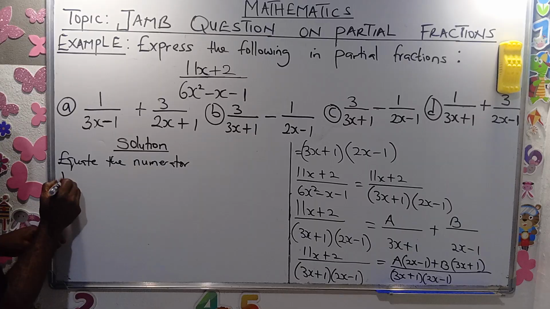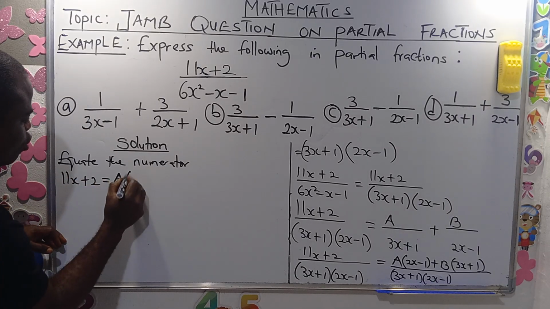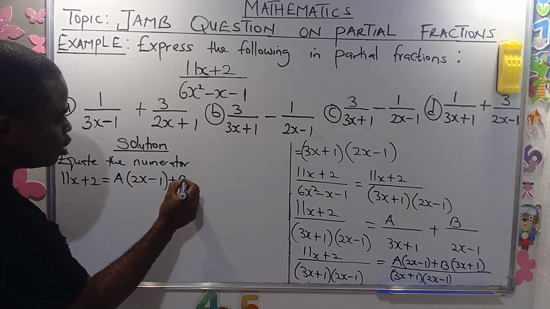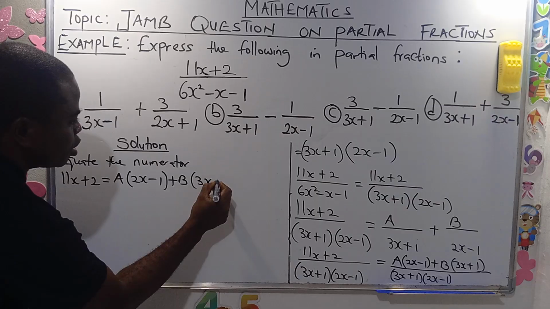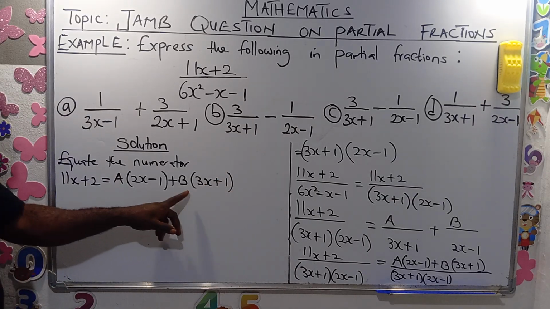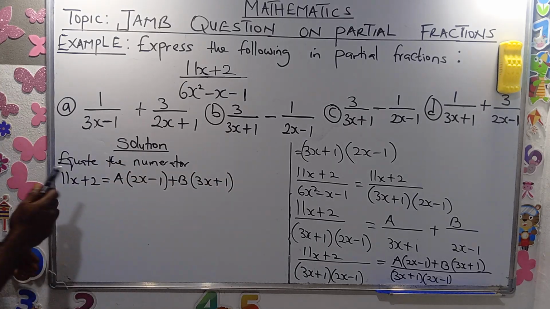When you equate the numerator, having 11x plus 2 equals A, open bracket, 2x minus 1, plus B, open bracket, 3x plus 1. Good. We are looking for letters A and B in this equation.